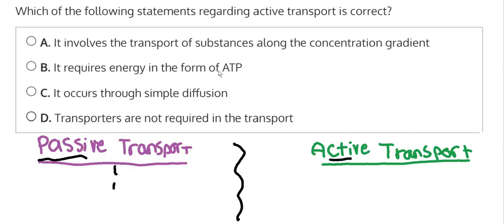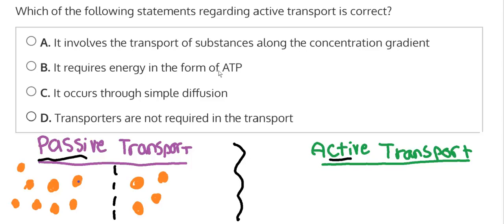So if this is a membrane, the outside and the inside of a cell, and let's say you have 4 molecules in here, and on the outside you have 1, 2, 3, 4, 5, 6, 7, 8. So clearly you have more molecules outside of the membrane versus inside, and the natural way of flowing goes from more concentrated toward less concentrated to maintain that balance and equilibrium, that homeostasis that we're referring to.